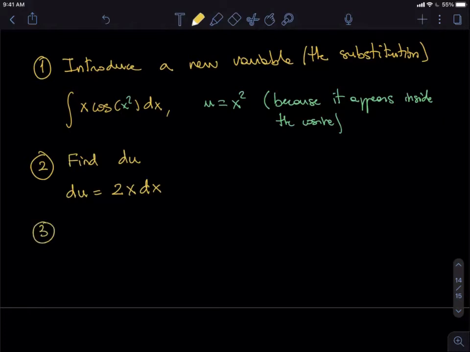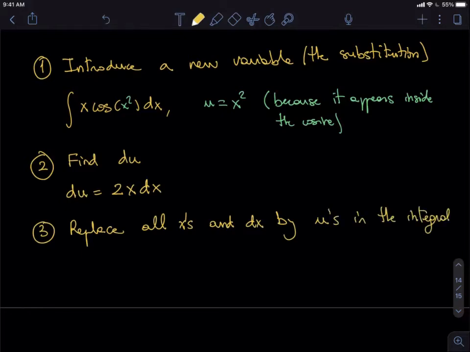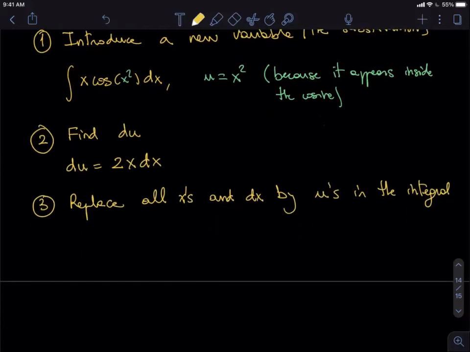And then once we have the first 2 steps, we have to replace all x's and dx by u in the integral. Looking at the integral, we see x cosine of x squared dx.